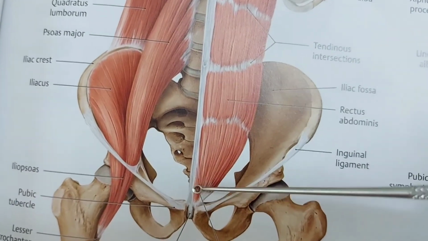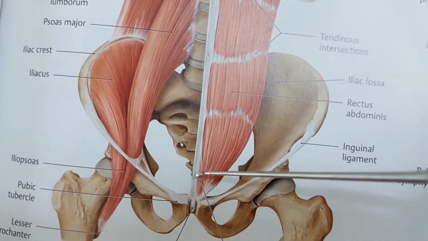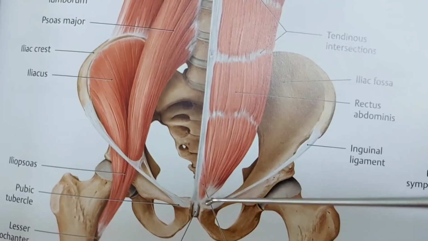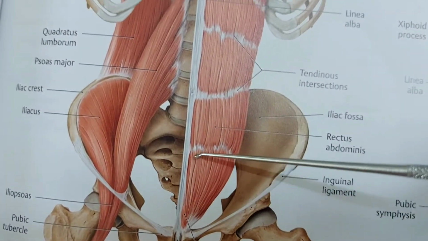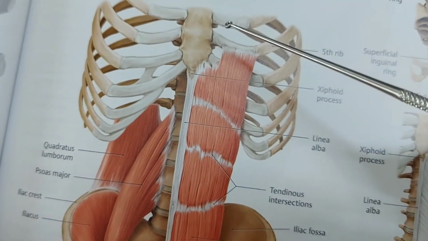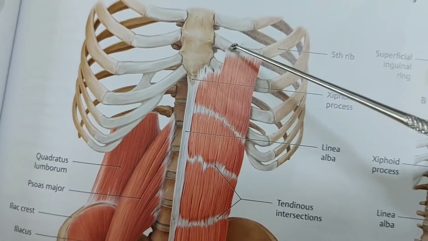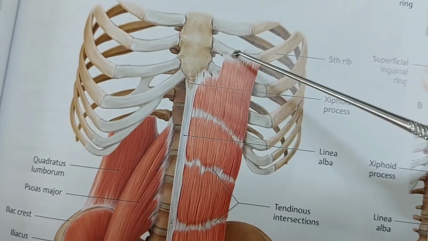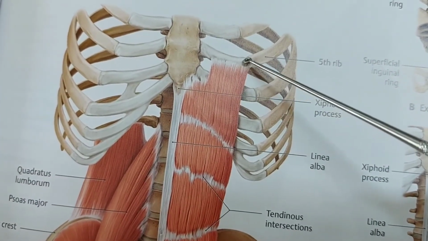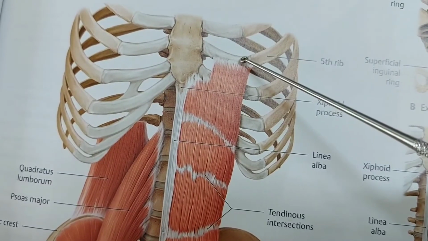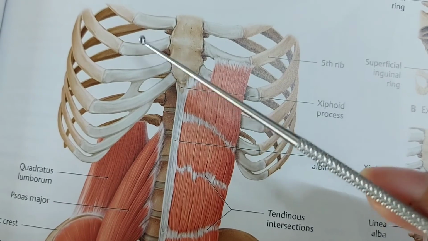It originates in the pubic crest from two tendinous origins, medial and lateral. After originating in this part, this muscle passes upward, and finally inserts in the costal cartilages. What is the number of these costal cartilages? Can you count them? We know that this is the free side of the costal cartilages.